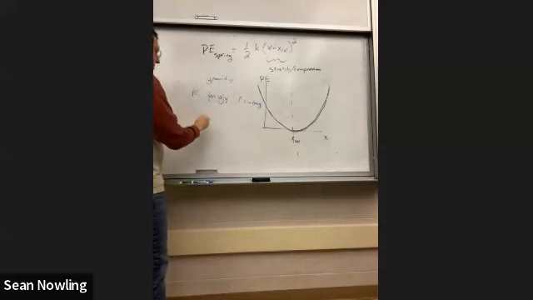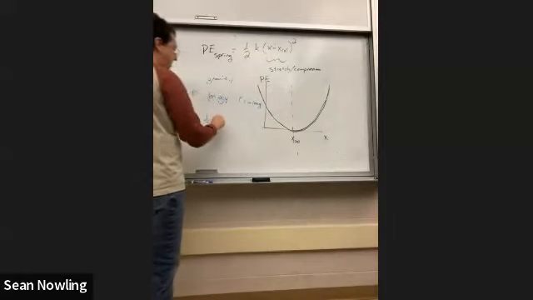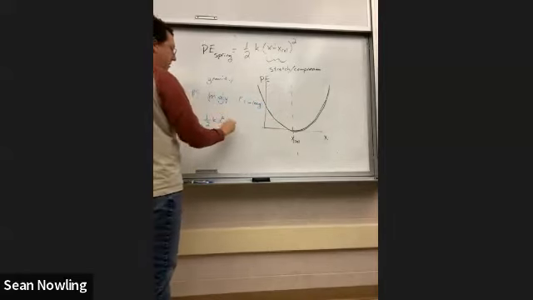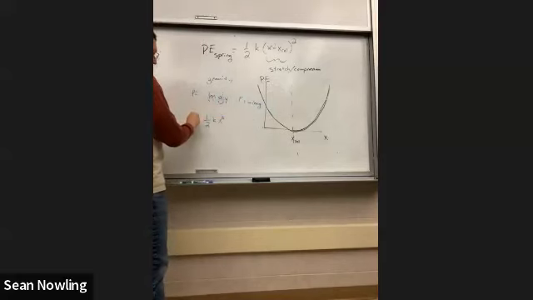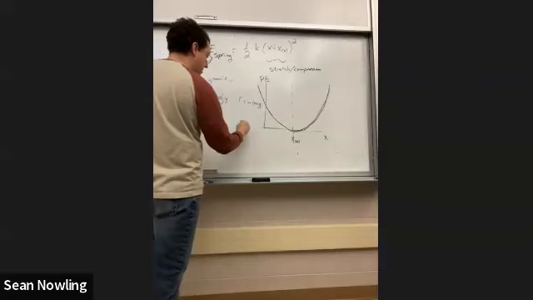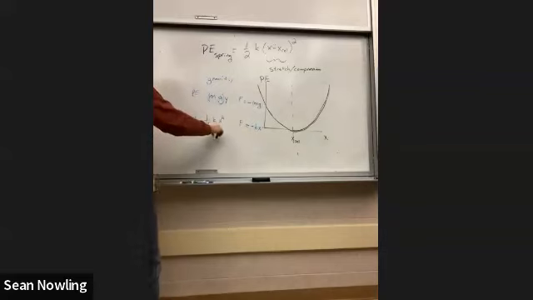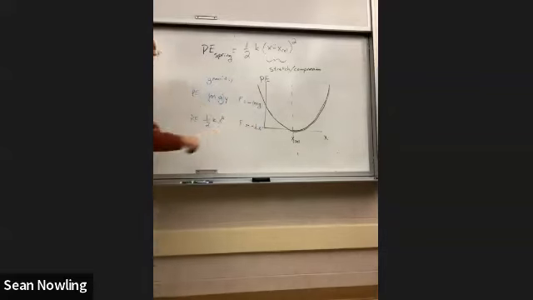And then for springs, you have 1/2 K. Let's set the equilibrium position to 0. That'd be like X squared for the potential energy. And over here, the force is minus K times X. So quadratic with a 1/2 becoming linear with a 1.